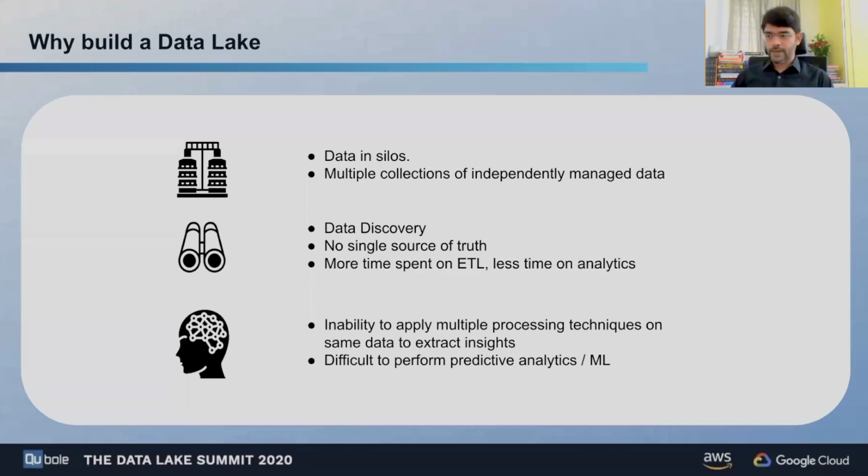So when there are multiple custodians and data is in different silos, it is possible that some part of the organization does not know the existence of a data set which might be useful in enhancing the bottom line of the company. So it's a problem of data discovery, right? And that comes because there is no single source of truth. It's not just in one place.